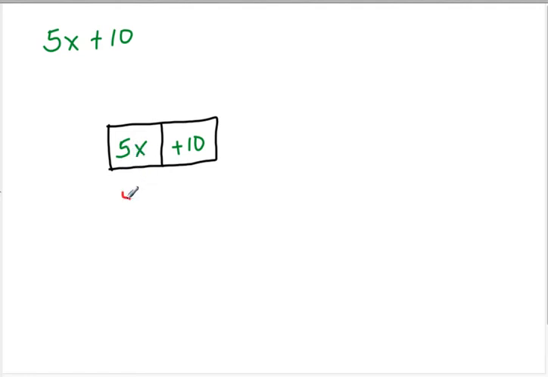So 5x, that's easy, it's 5 and x. And 10 is 2 and 5. So in common, they have 5. And so that's the number we're going to put out front, so 5. And then the numbers that go on top are the remaining stuff here. So we have an x and a plus 2.